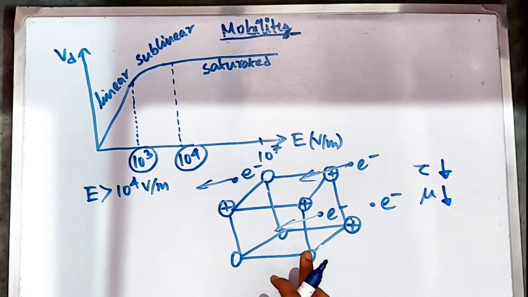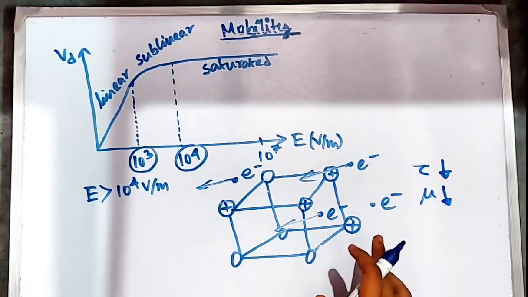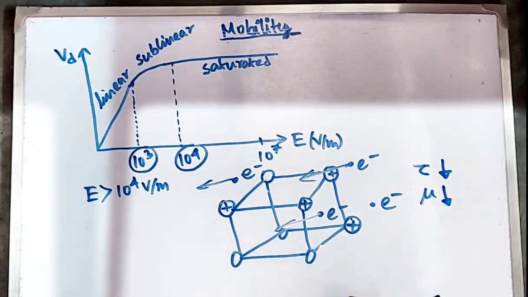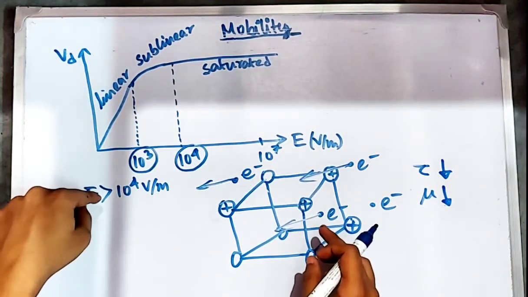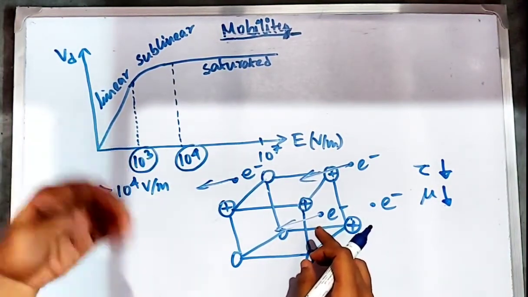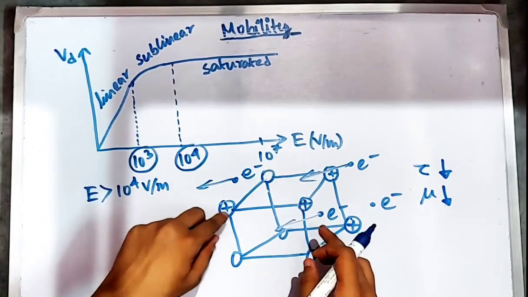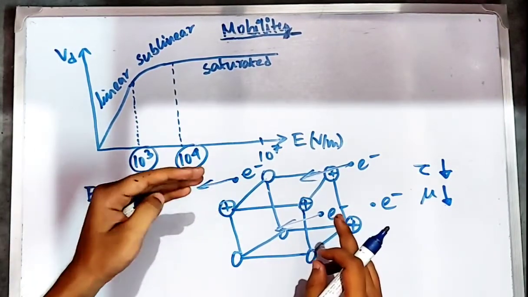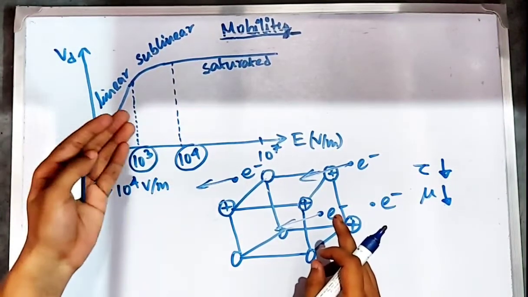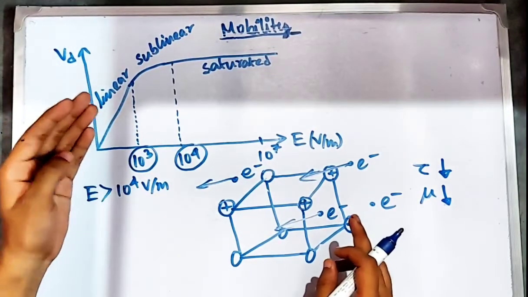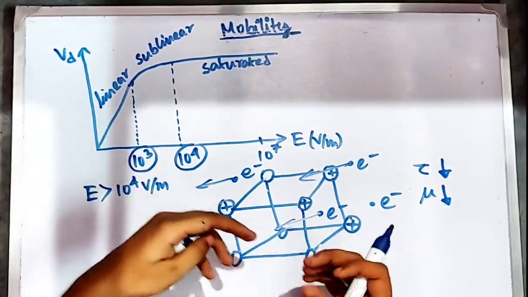So what happens is, if we increase the value of the electric field, then these lattice points will start vibrating and they will come in the path of the free electrons and they will reduce the interatomic space.